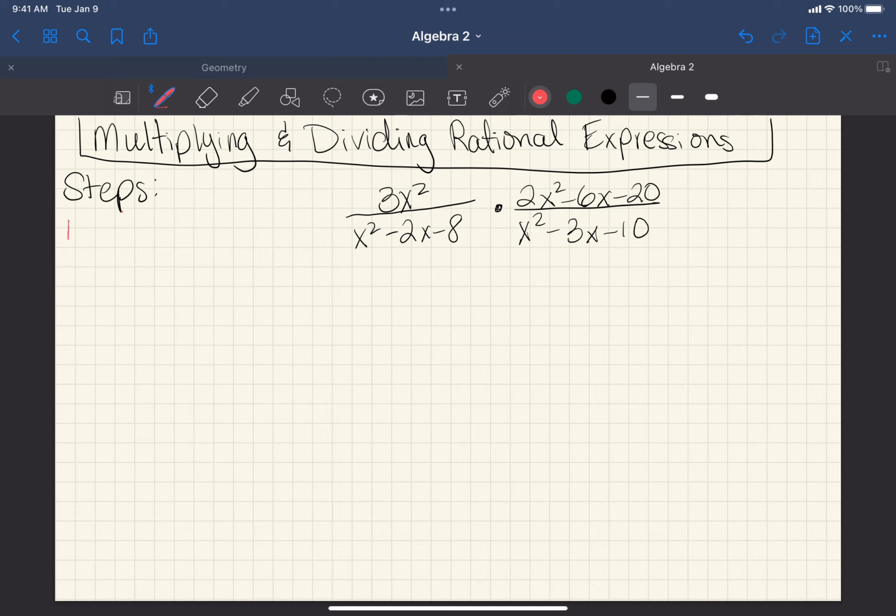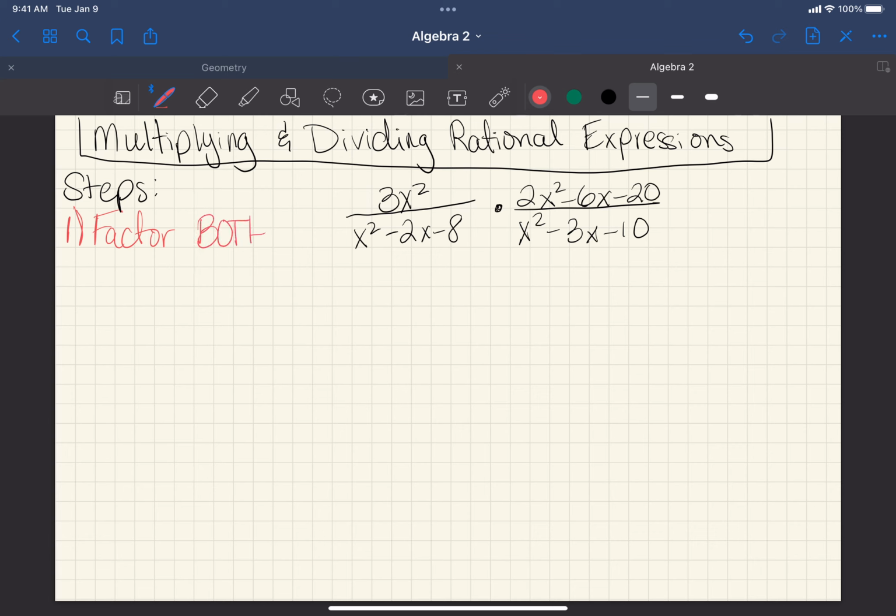My first step, right? This first problem looks very intimidating as is. I'm sure most of you are looking at this and thinking, Miss Bruno's insane. How am I going to figure this out? Well, the first step is to factor both.